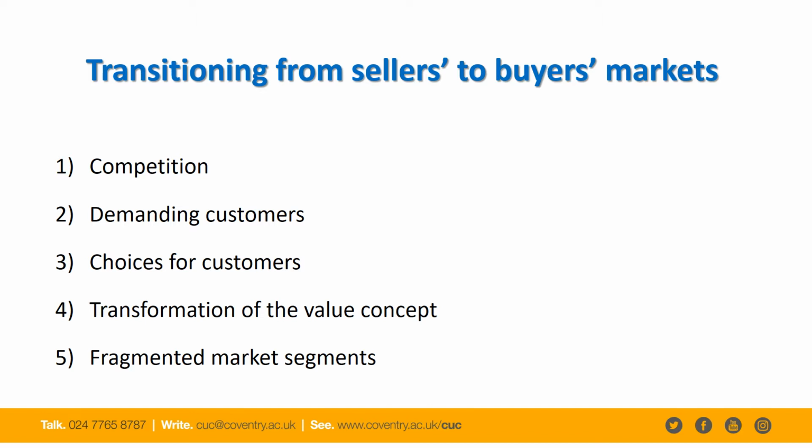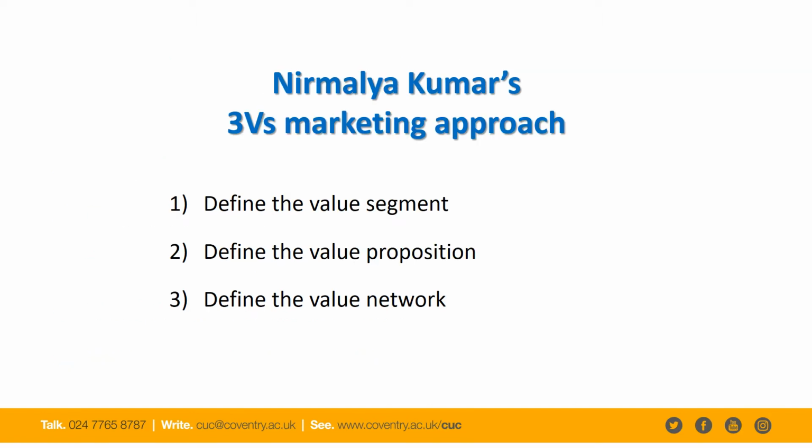So transitioning from sellers to buyers markets includes competition, demanding customers, choice for customers, transformation of the value concept, and fragmented market segments. So if we look at the 3 V's of marketing approach, we've got looking at the value segment, looking at the value proposition, and trying to review why we need the value network.